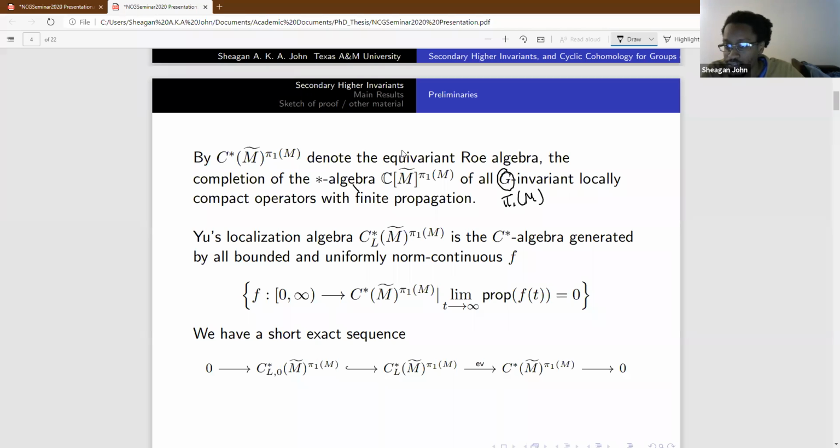This G is our Pi1M invariant locally compact operators with finite propagation.